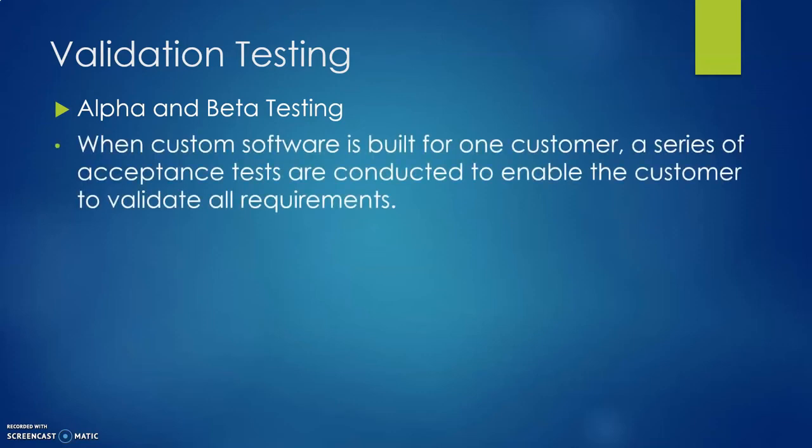Now, in validation technique, we have alpha and beta testing. When custom software is built for one customer, a series of acceptance tests are conducted to enable the customer to validate all requirements. So acceptance testing is done by the customer. That is, the customer is giving input, and only when it is accepted by the customer is the software successfully developed.